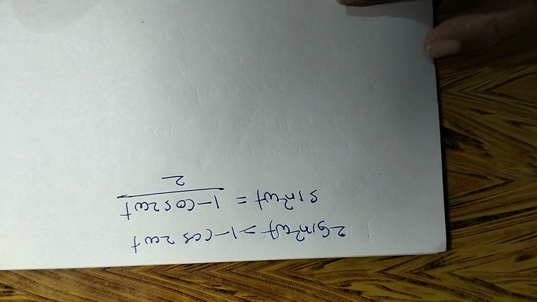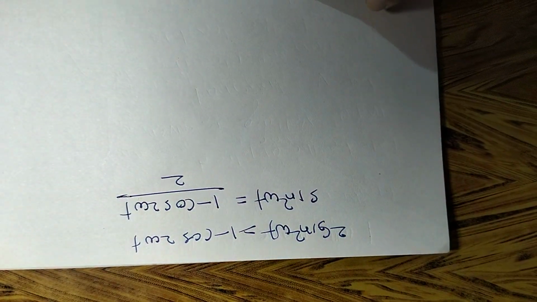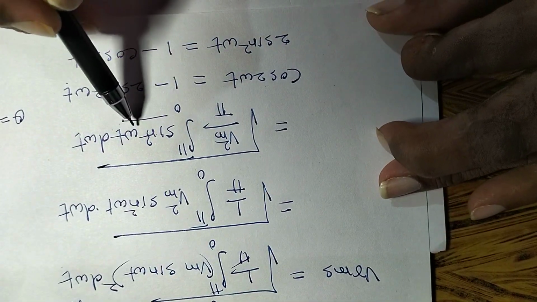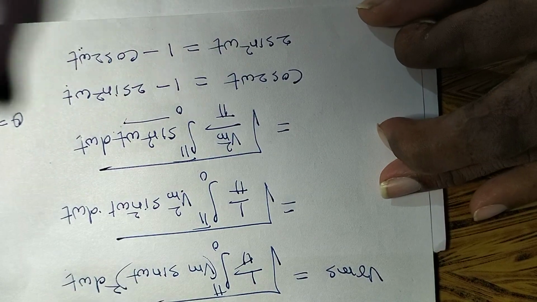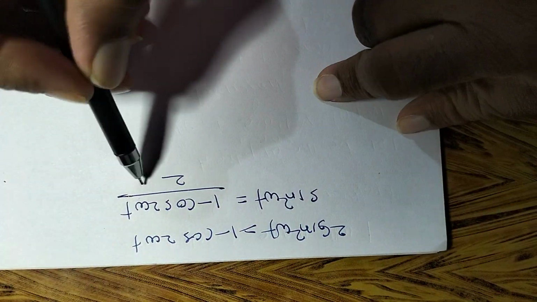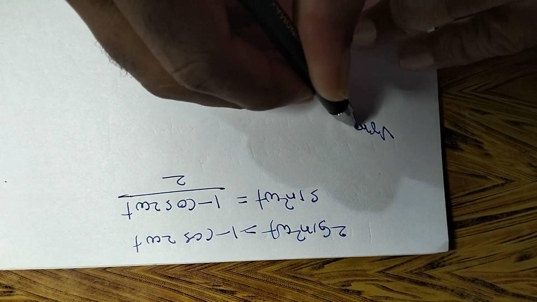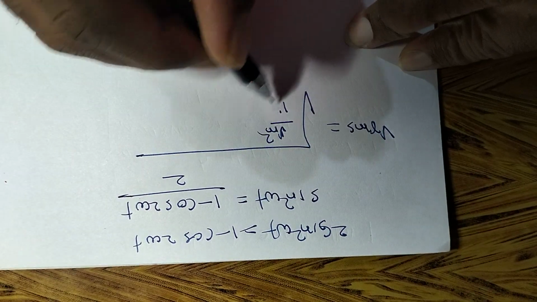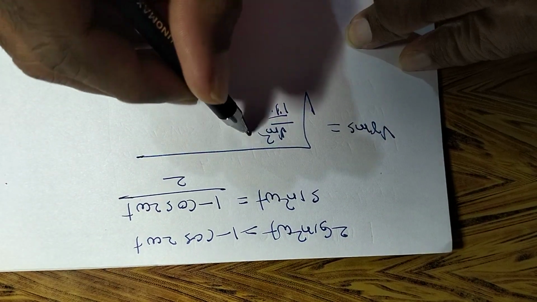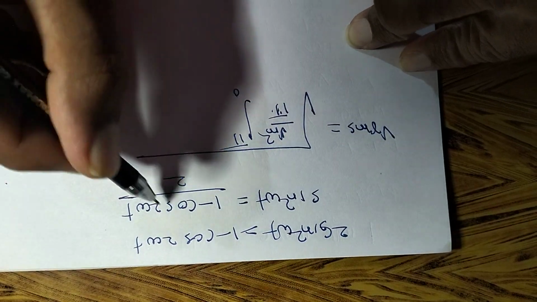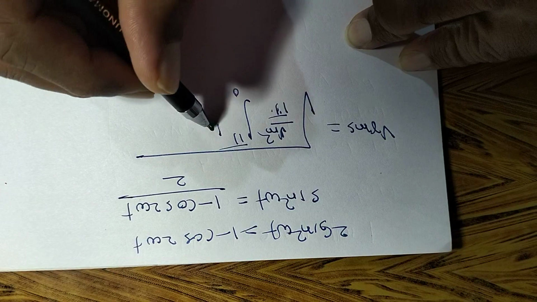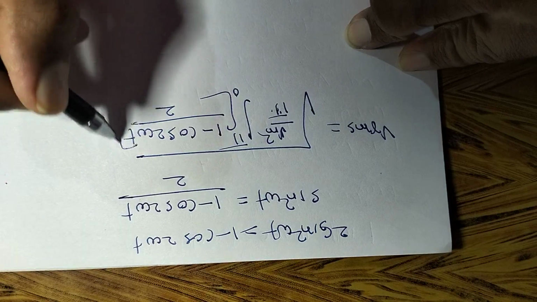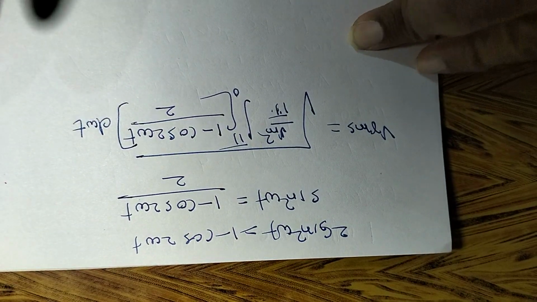Hope you understand. Now I am going to substitute this in the above equation, in place of sin square omega t. So Vrms equal to square root of Vm square by pi integral 0 to pi of 1 minus cos 2 omega t divided by 2 into d omega t.